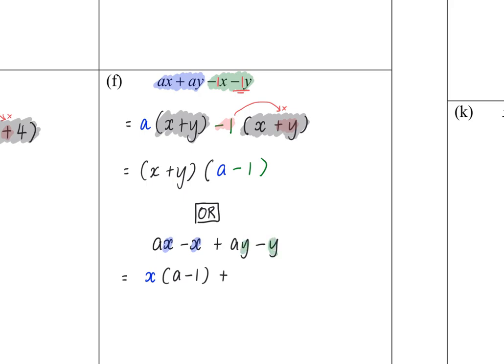My y is the common factor. I will be left with a minus 1 as well. And you will also see that it does give me back my same answer. This is the equivalent version of the top.